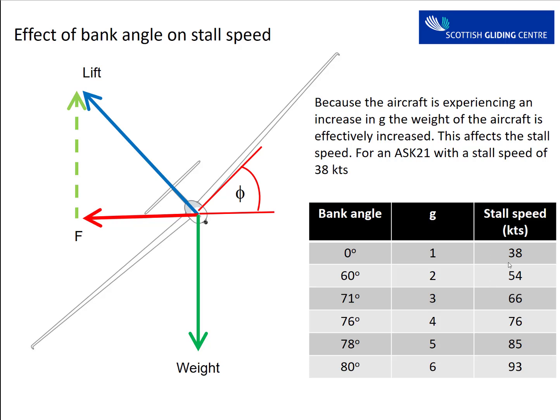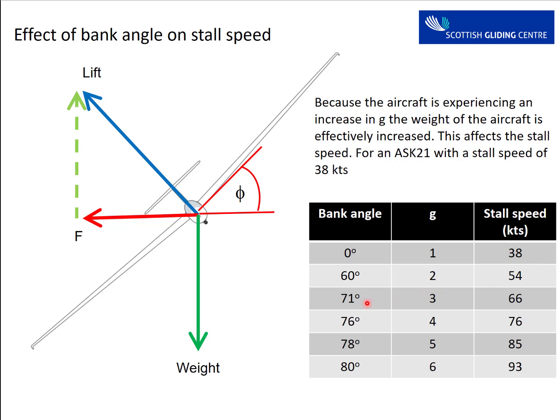And we can see that when we calculate the stall speed for the various different bank angles. Now, for an ASK-21, the stall speed in 1g straight and level flight is about 38 knots. If we're in a 60-degree bank turn, we're pulling 2g and our stall speed has gone up to 54 knots.